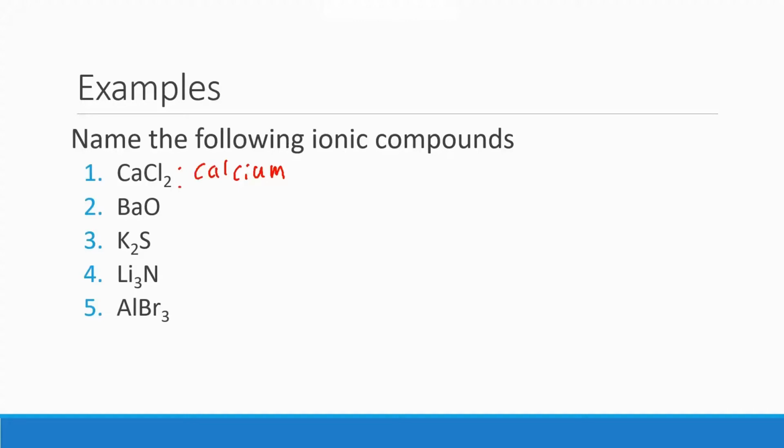You're going to change the name of chlorine to chloride. Easy enough. BaO, your cation is going to be barium, Ba, and your anion is oxygen. You're going to change it from oxygen to oxide. Notice how I've only been changing the second element, or the anion.